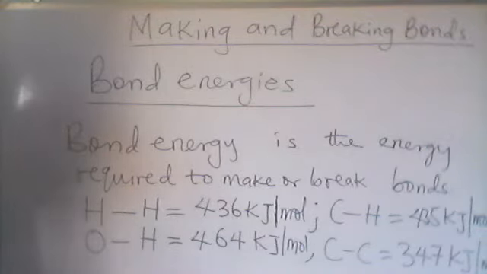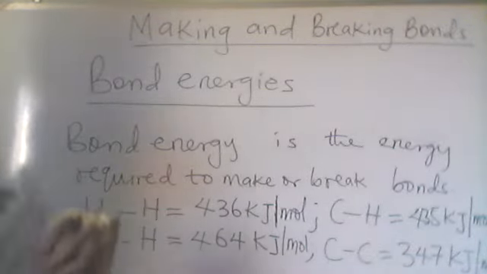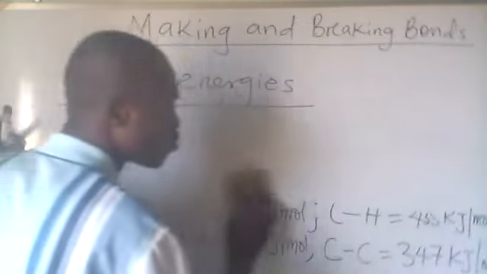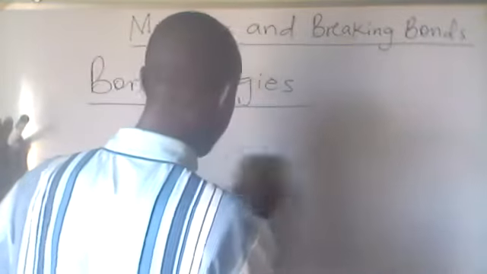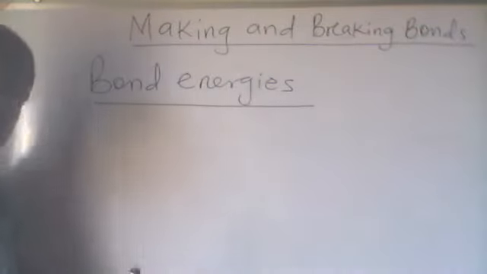The energy release when the bond is made is equal to the energy you will need to break the bond. Okay, let's look at some double bonds, their value. You don't need to worry about this value. We are going to use it to carry out some calculation in all the time that will be given to you, but I just want you to take note of them.